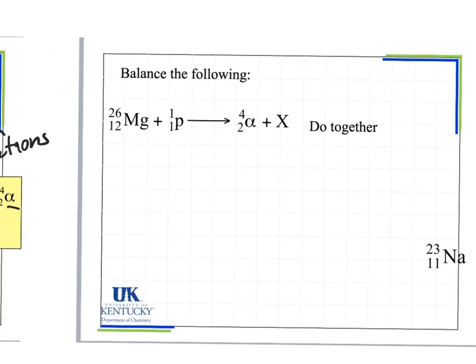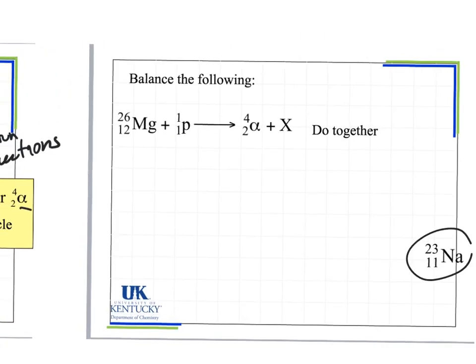Okay, so now we're going to work on this one together. The answer is sitting right down here. We'll see how that comes about. What we do in balancing nuclear reactions is we make sure that the atomic number and the mass numbers are equal on both sides. So when we look at these bottom numbers, we see a 12 plus a 1. We see a total of 13 for that atomic number Z. It adds up to 13.